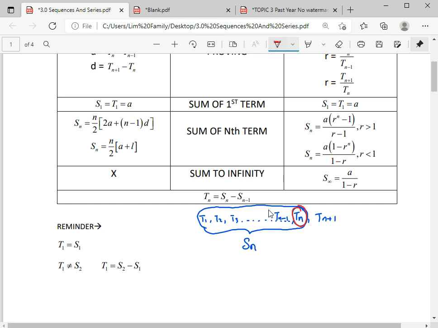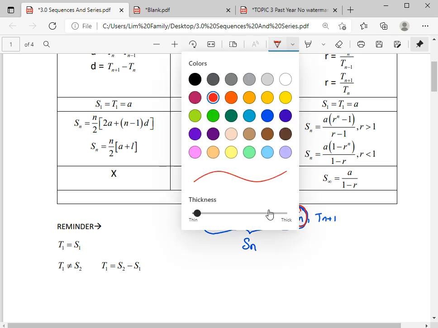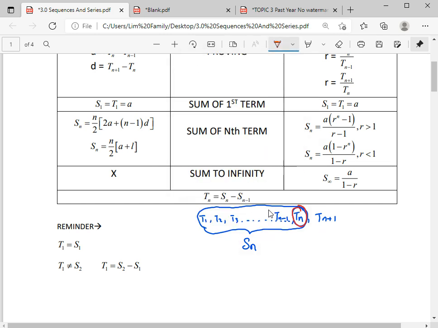I total up to Sn, and then I cut off this part. When I cut off everything here, it equals S(n minus 1), the sum up to n minus 1.